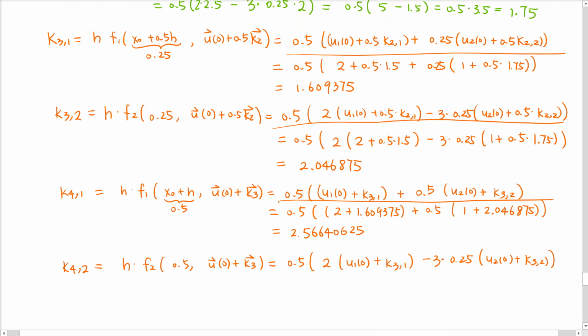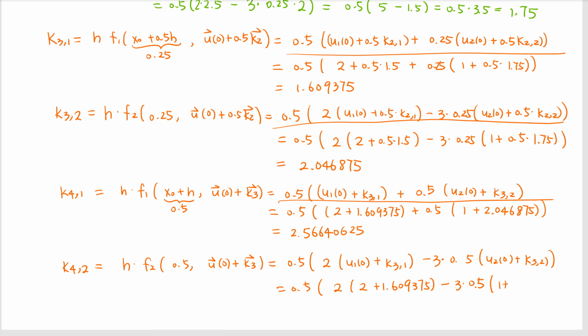Okay, what are these numbers? So this is 2 plus 1.609375 minus 3 times, oh sorry, this is not 0.25, this is just 0.5. Okay, and then 1 plus 2.046875.